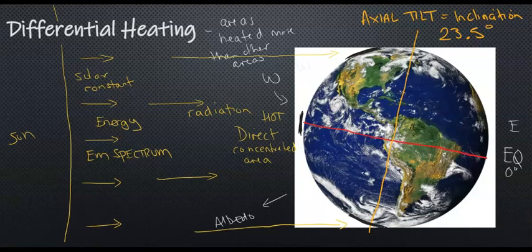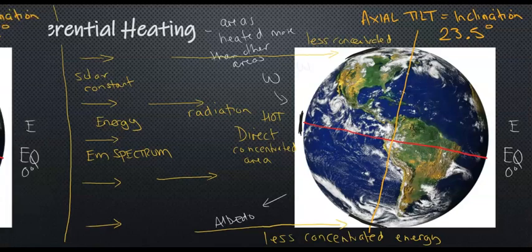That means that there will be less concentrated energy because it's spread out over this larger surface area compared to the equator. And the same thing up here, so it's less concentrated, and therefore it becomes colder because it's less thermal energy because it's being spread out. That's why generally the North and South Poles are of a lower temperature than the equator.